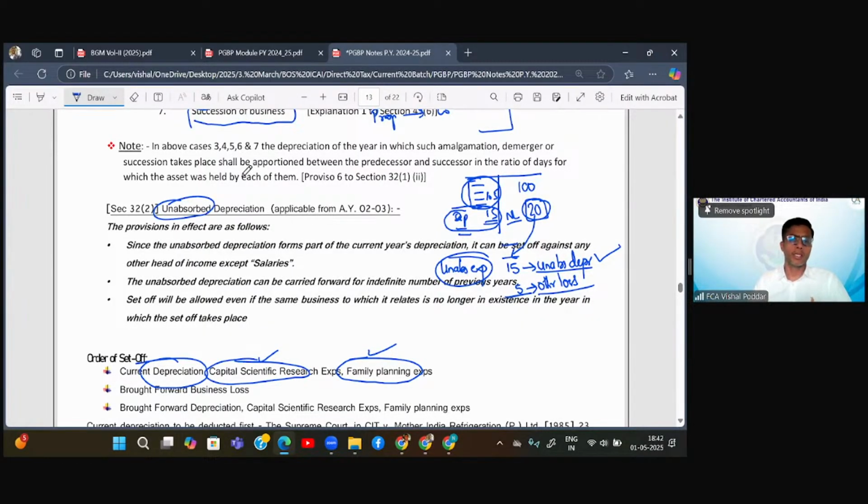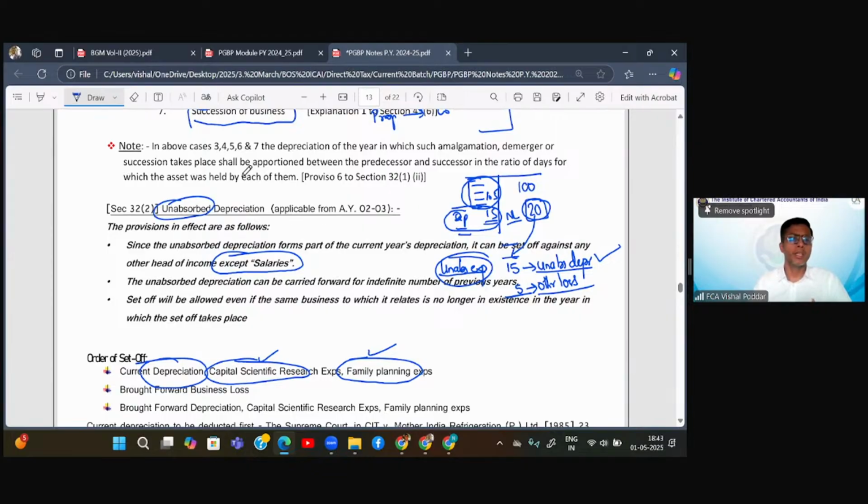In this particular case, how to do that? When we talk about unabsorbed depreciation, the law says you can adjust it against other incomes except income under the head salaries. So any business loss cannot be adjusted against salary income. Just keep this in mind; you will study it in detail in the set-off chapter.